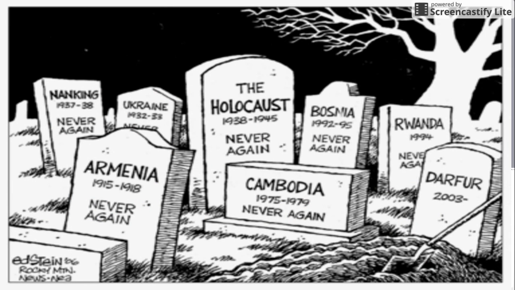First, I want everybody to take a look at this political cartoon. This cartoon was created in about 2005, and I want you in your notebooks to take a look at it and describe what purpose the artist is trying to portray.